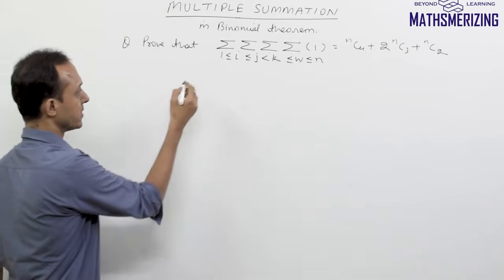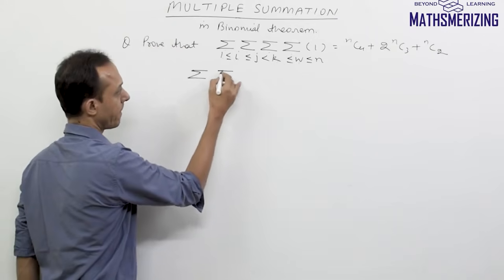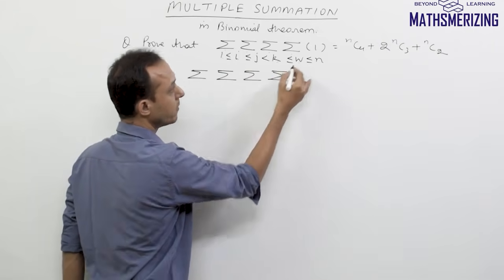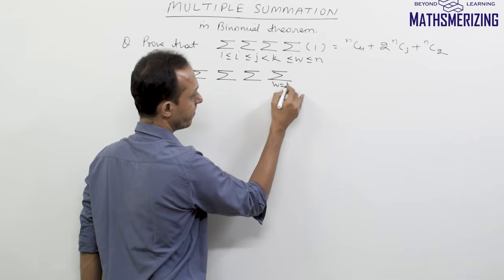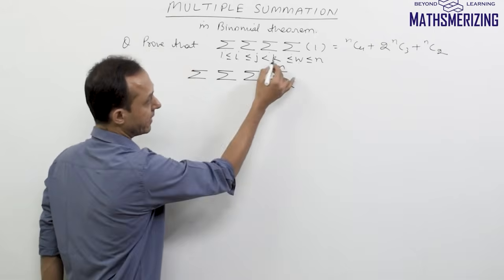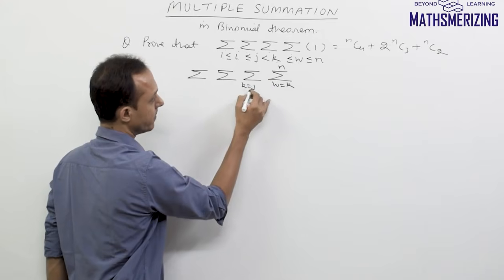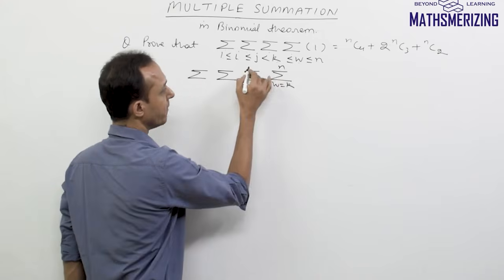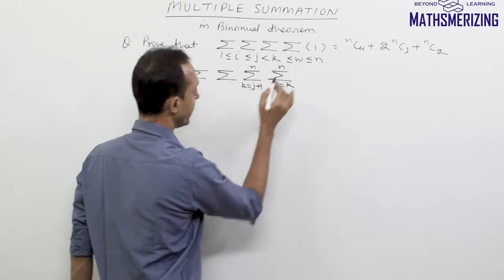So I'll split the summation. Now this w starts with k and goes all the way up to n. This k is in fact greater than j, so k starts with j plus 1 and goes all the way up to n because there is an equality sign here.